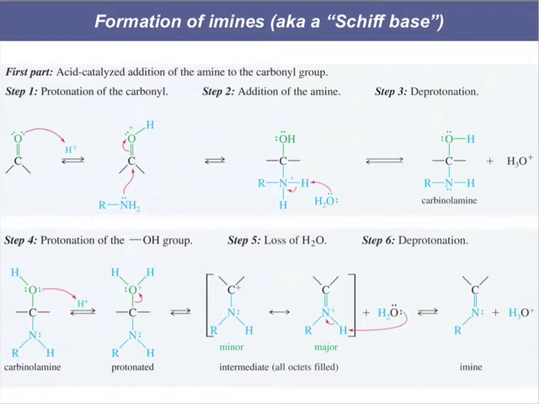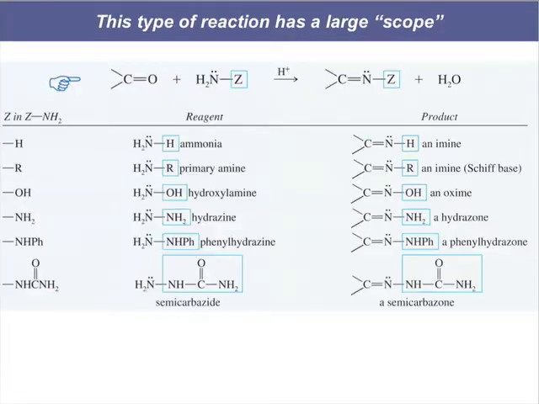Now, this reaction has what we call a large scope, meaning that the R group on the Schiff base, which here they're labeling Z, could be just about anything. And depending on what that Z group is, you get a whole slew of functional groups from that.